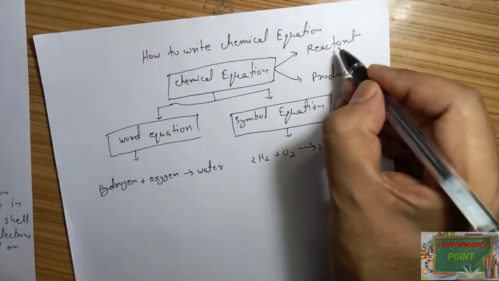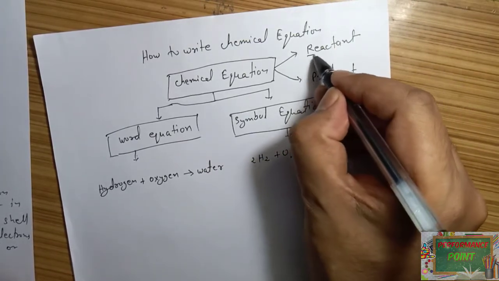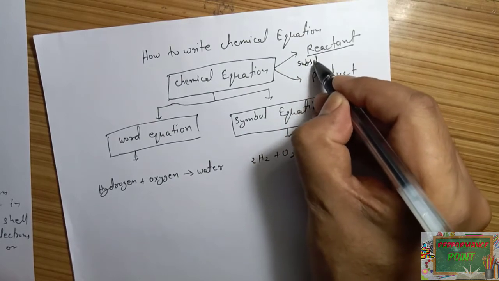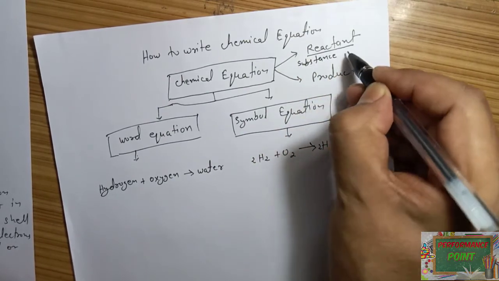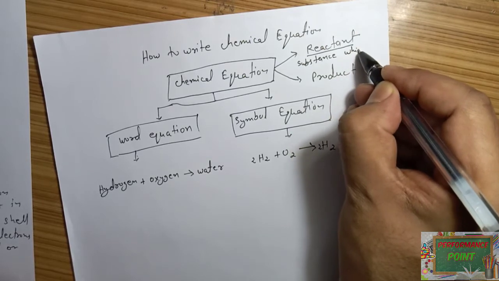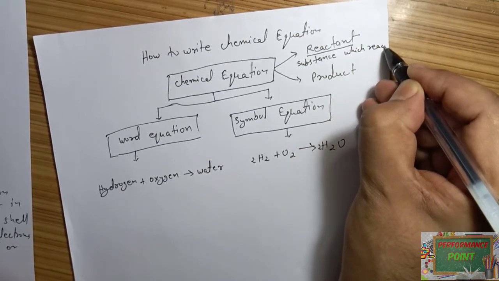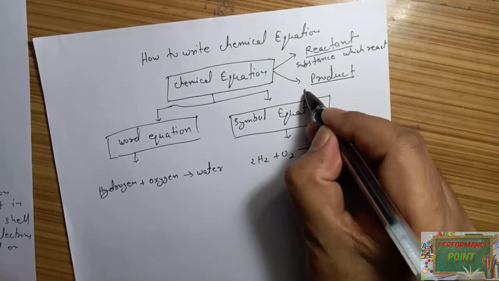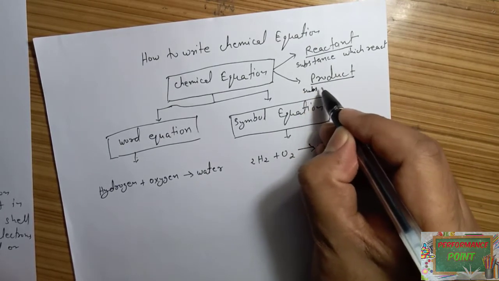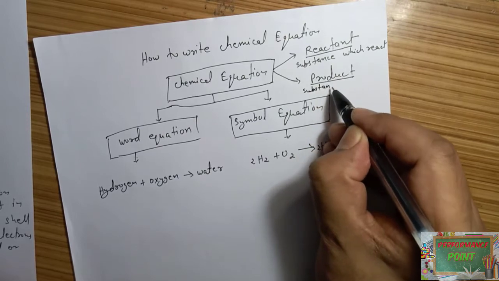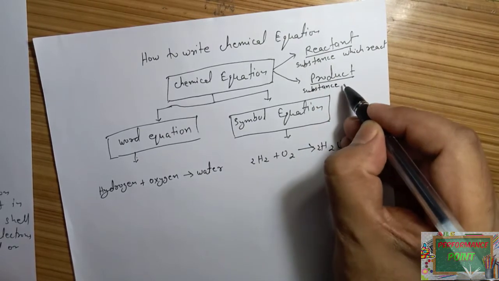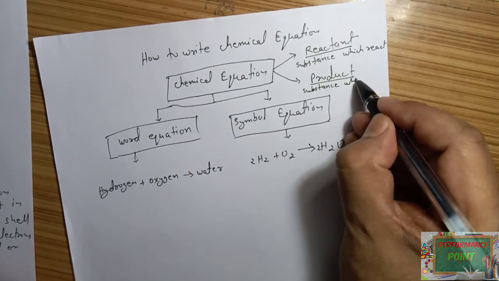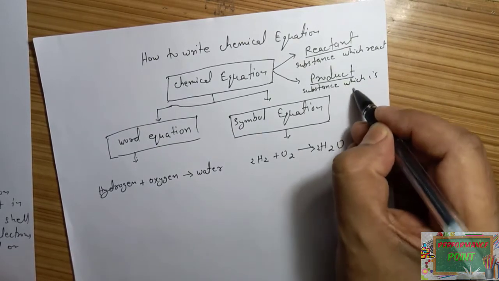The reactant is the substance which reacts. The product is the byproduct, the substance which is formed.